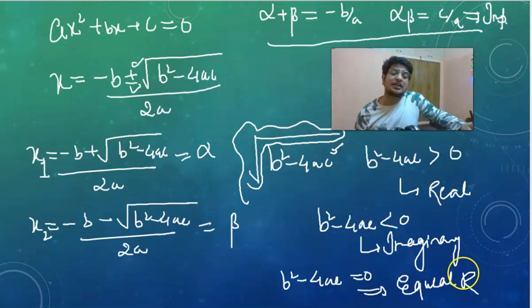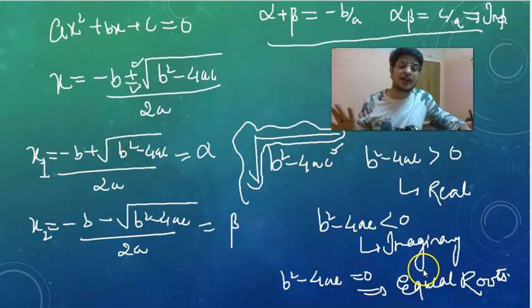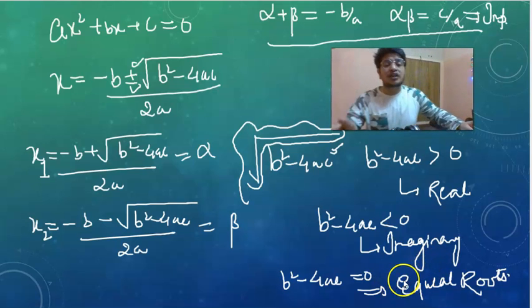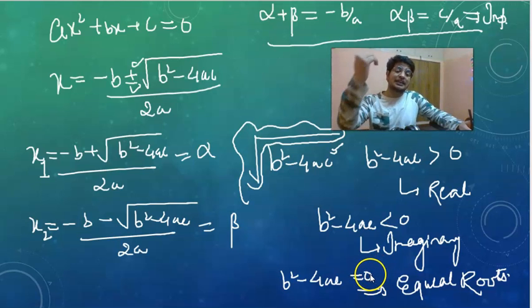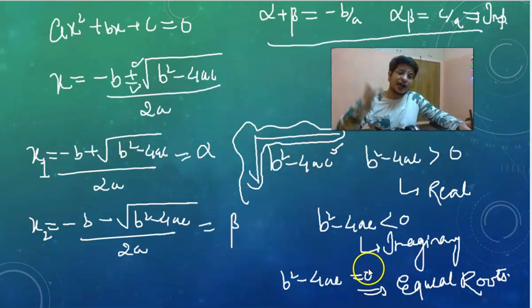This is the property we will use in our questions. Hope you understand alpha plus beta is equal to minus b by a, alpha into beta is equal to c by a, and then b square minus 4ac being greater than 0, less than 0 and equal to 0.